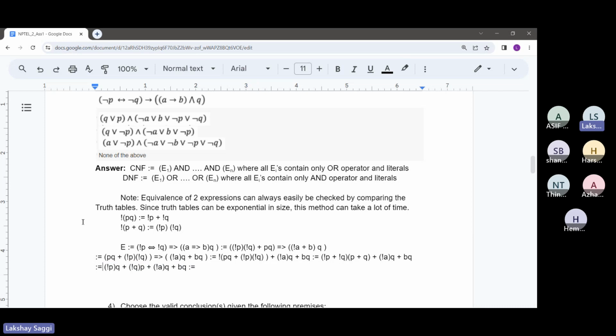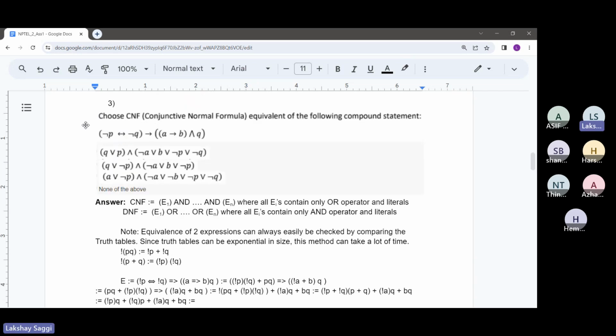So one thing I want to point out is that the CNF form for an expression is not unique. The same expression can have multiple CNF forms.